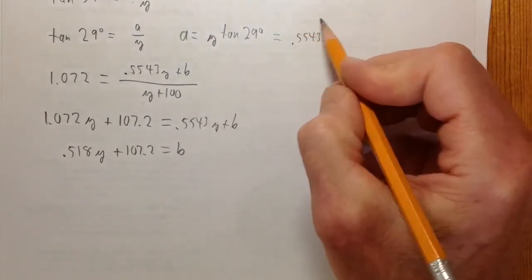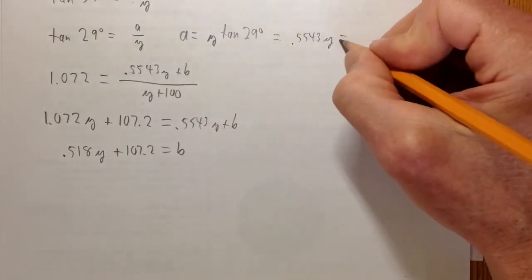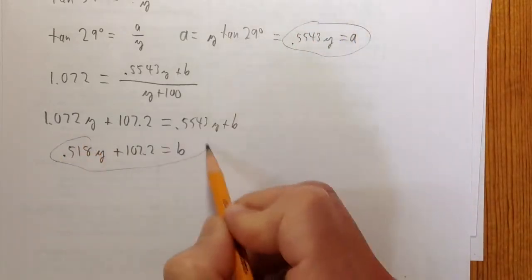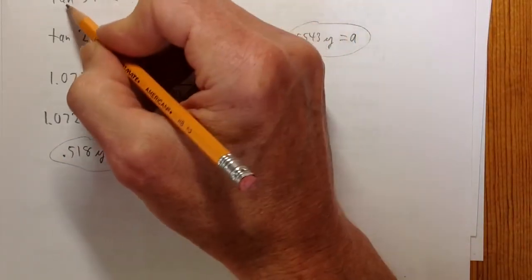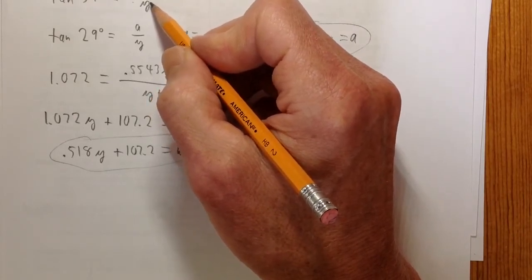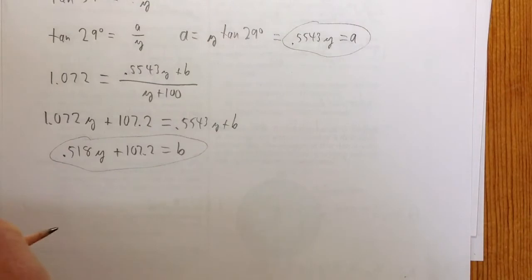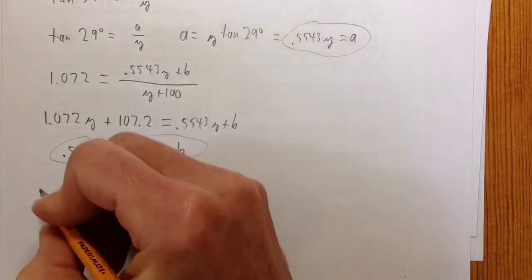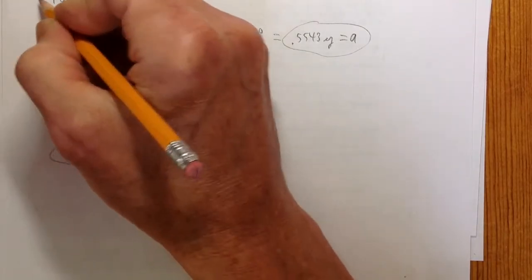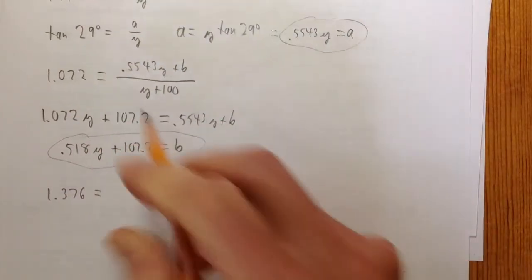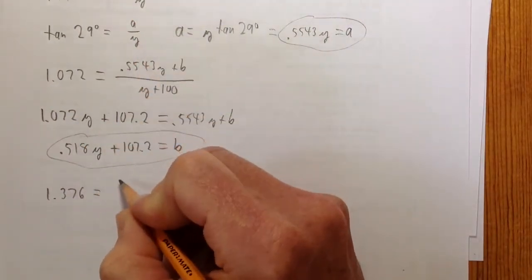So let me circle those here. This is our a formula, 0.5543y, that equals a. This is our b formula. Now we can use the last one we didn't use to solve. Tangent 54 degrees, 54 tangent is 1.376, close enough. So using this one here, 1.376, that's tangent 54 degrees, is equal to a plus b over y.